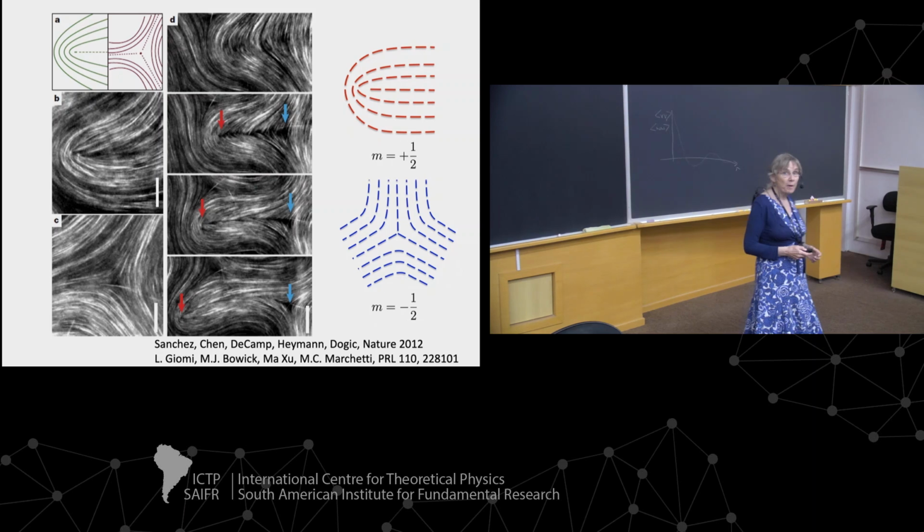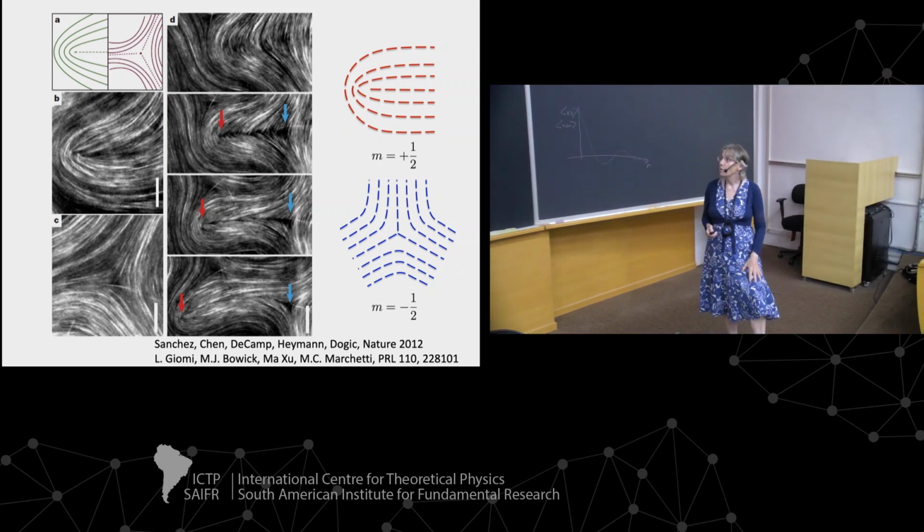This is an experiment, again, of the microtubule motor protein mixtures, which shows you this actually happening in a real system. What happens is that the forces cause these microtubules to bend like this. And if you look at the bent ones, what's left behind is a minus a half defect with this threefold symmetry, and you see it doesn't move.